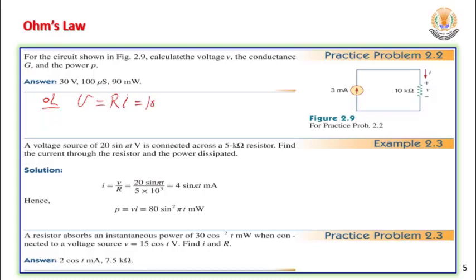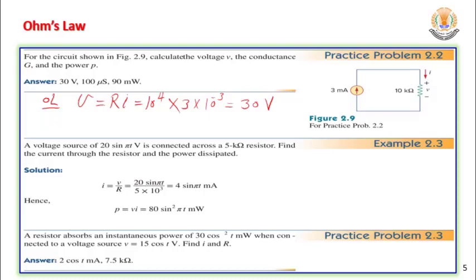So you end up with 10 to the power of 4. Do you agree? Times I is given. Do you agree that the current of the current source will be the current through the resistor? Do you agree? Okay. So here you will have 3 milli. Milli means 10 to the power of minus 3. So you end up with 30 volts.